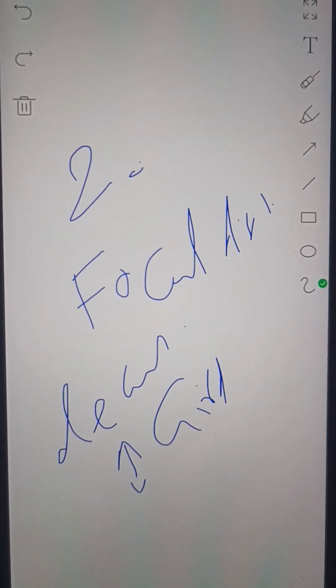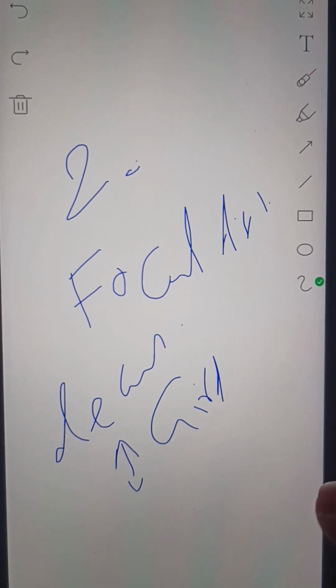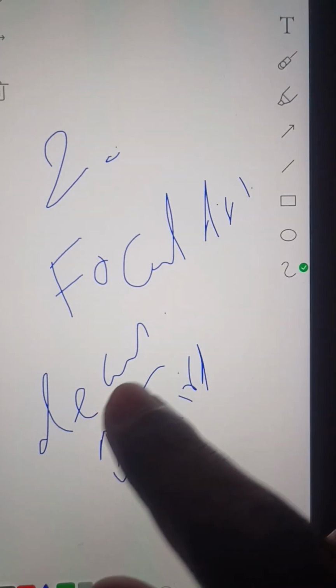So in this case also only the center part will be exposed.